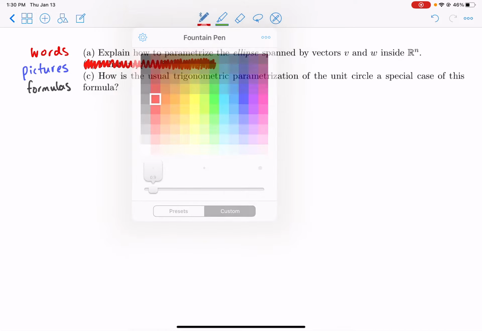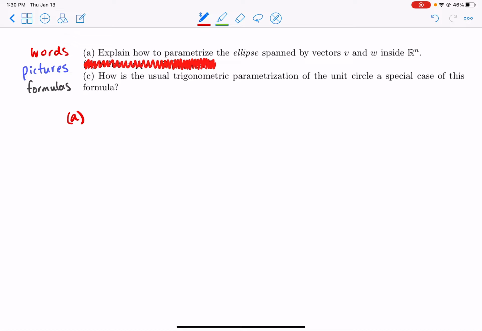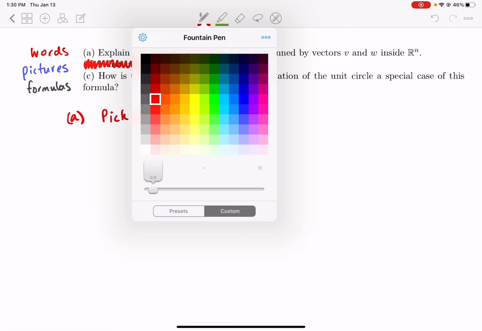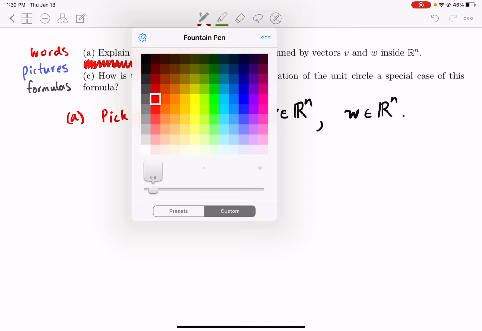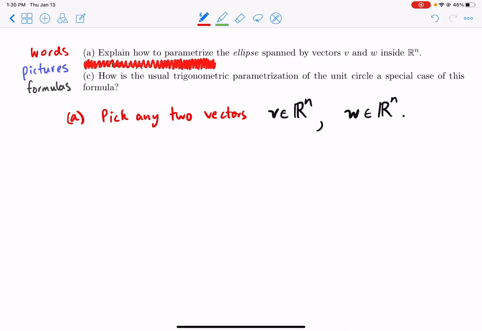My answer begins A, with some words. Pick any two vectors, and I'll switch to formulas, v in Rn, and also choose another vector, we'll call it w in Rn. I'll go back to words. Actually, let's switch to pictures for a moment. I'll do pictures in sort of a blue color.